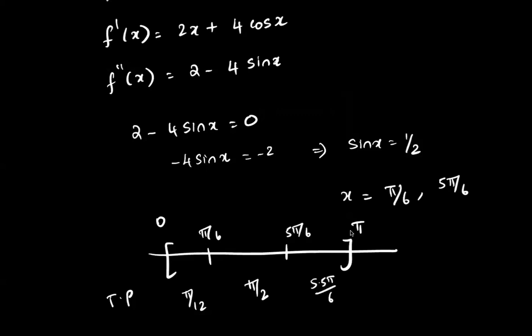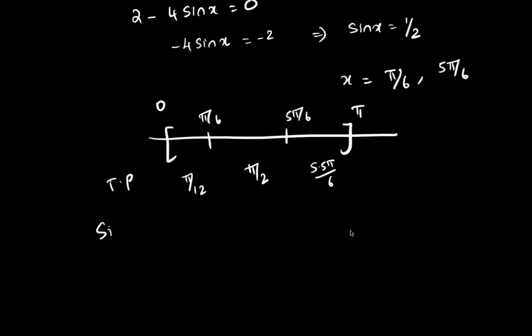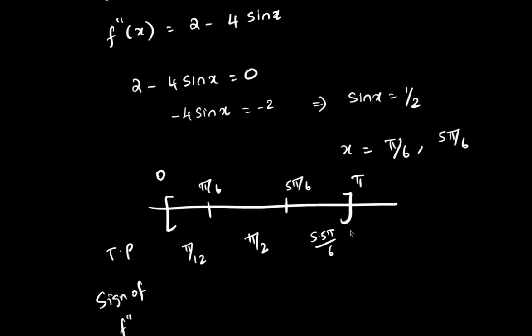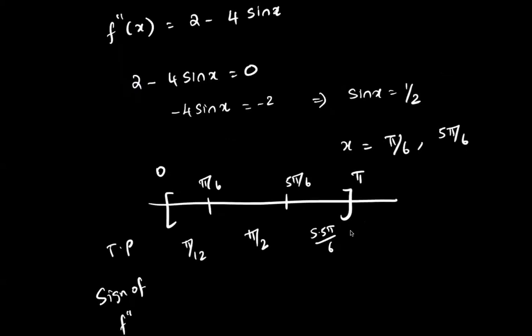Then I will have to do the sign of f double prime. Okay, sine pi over 12. We know that it is less than a half, right? So that means negative 4 times that.